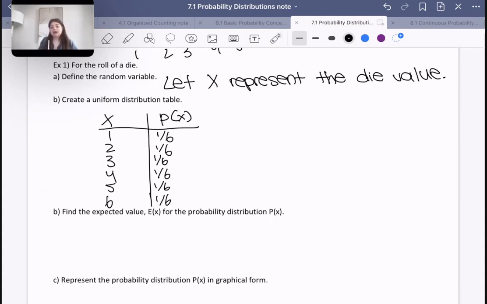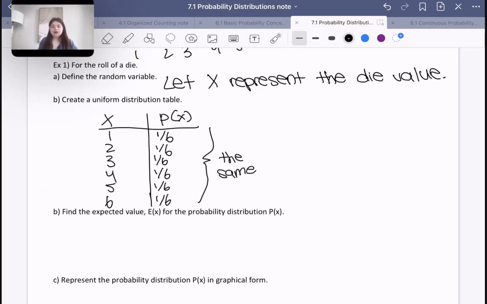In this specific case they do have to be 1 in 6 because there are 6 sides on a die. But the point is, for this to be a uniform distribution, all the probabilities must be the same. If they weren't, it wouldn't be a uniform distribution.